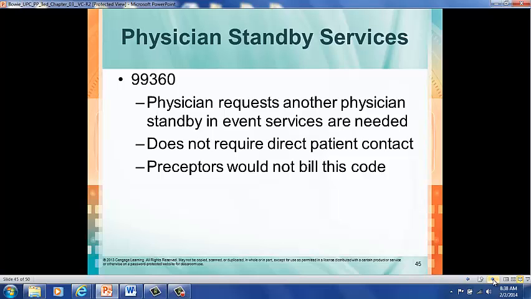A physician cannot use this code when precepting another physician or if the standby physician performs a service that has a global period attached to it, because the standby service is considered bundled into the surgical package. Typically, this code may be used in regard to a problematic delivery. You must clearly show that the physician spent more than 30 minutes on standby.